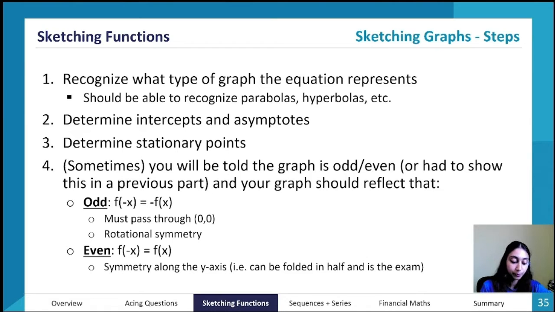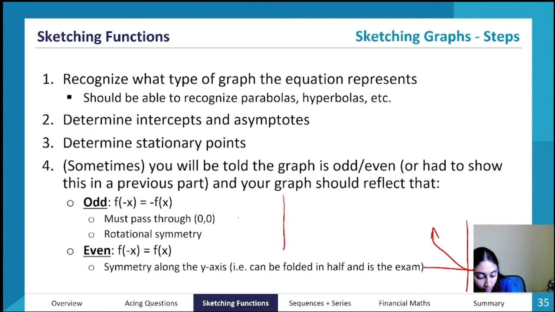An odd function is defined by f of negative x is equal to minus f of x, and even is f of negative x is equal to f of x. So even has an axis of symmetry about the y-axis. So think of like a parabola. Pretend it looks pretty. And then odd has rotational symmetry about the origin. And it must pass the origin as well. Okay?